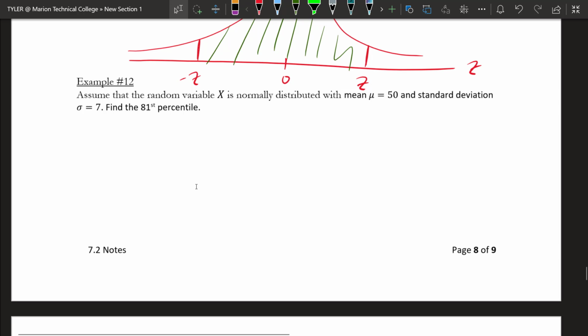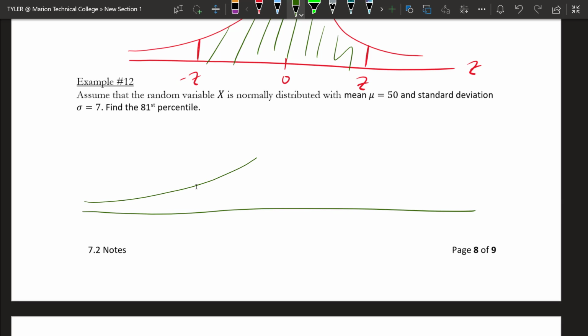All right, so example 12: we're assuming the random variable x is normally distributed with a mean of 50 and standard deviation of 7. We want to find the 81st percentile. So remember what percentile means. If I draw my standard normal distribution, I'm going to have a mean here, and then there's going to be some x score over here.